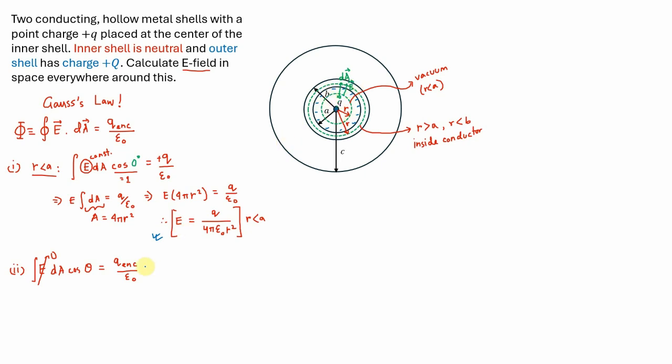So we can write this q enclosed in our case is plus little q for the positive point charge in the middle, added to all of the electron charges that have come near it, which is exactly minus little q. So if you add this, of course the answer is 0. Q enclosed is then 0.